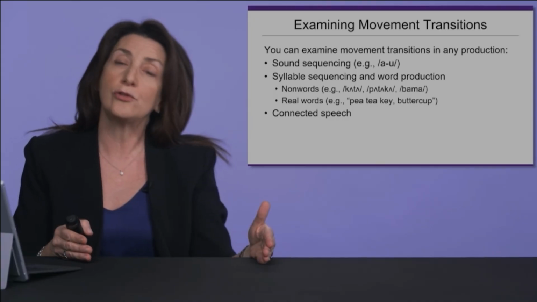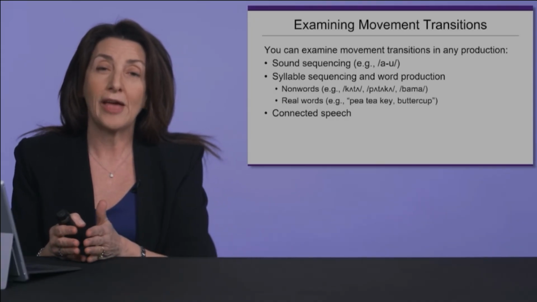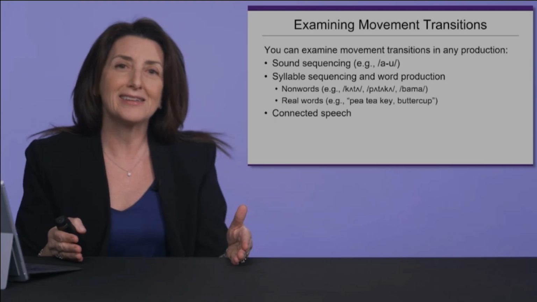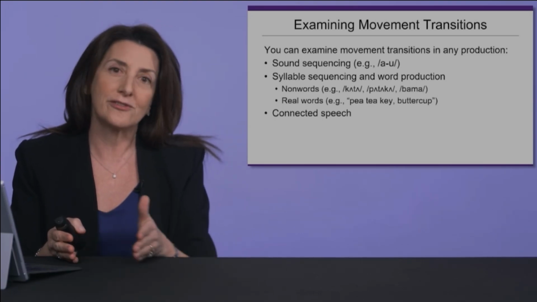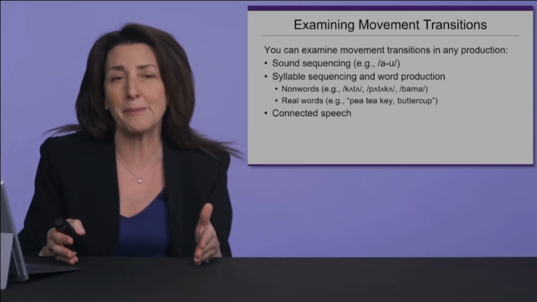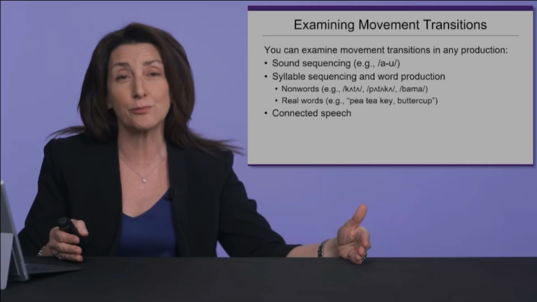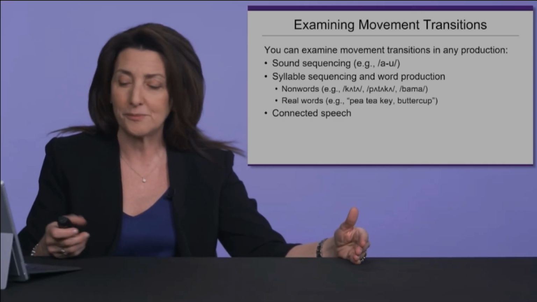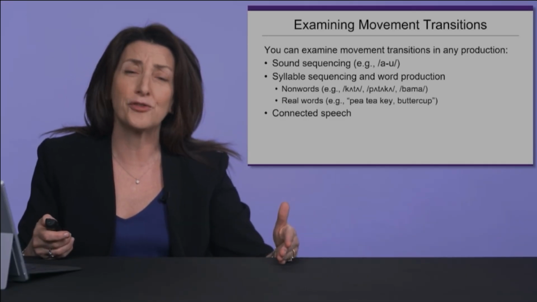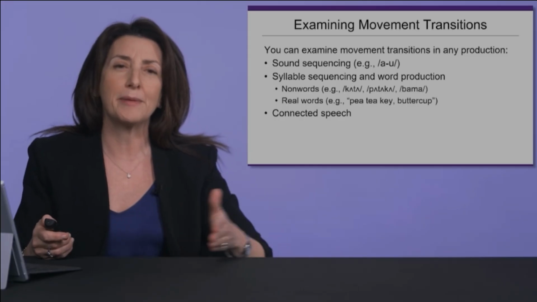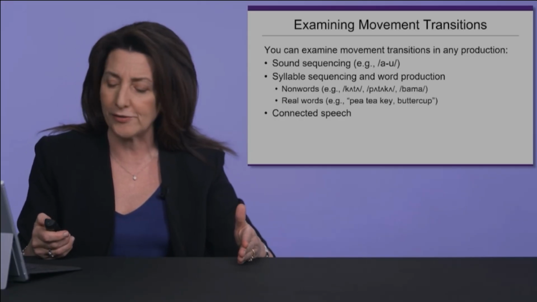There could be an older child with CAS who's had therapy for a while, and their movement transitions for single syllable words or short phrases might be okay. We may only see this breakdown in connected speech. Again, this supports the point that we need to examine multiple speaking contexts when we're examining speech in kids.